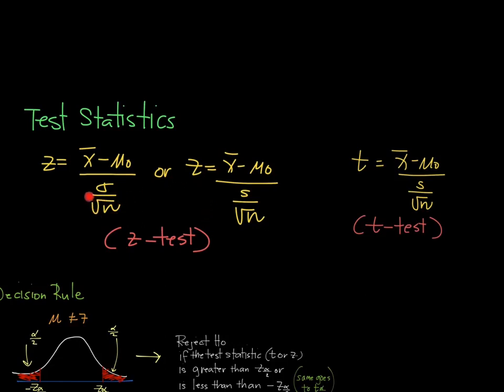Now in the case that the population standard deviation is not known, but the sample size is higher than or equal to 30, we can still make use of the z, but we have to replace the population standard deviation by the sample standard deviation. However, if the population standard deviation is not known, and at the same time the sample size is less than 30, then we can no longer use the z, and that is when we use the t-test.